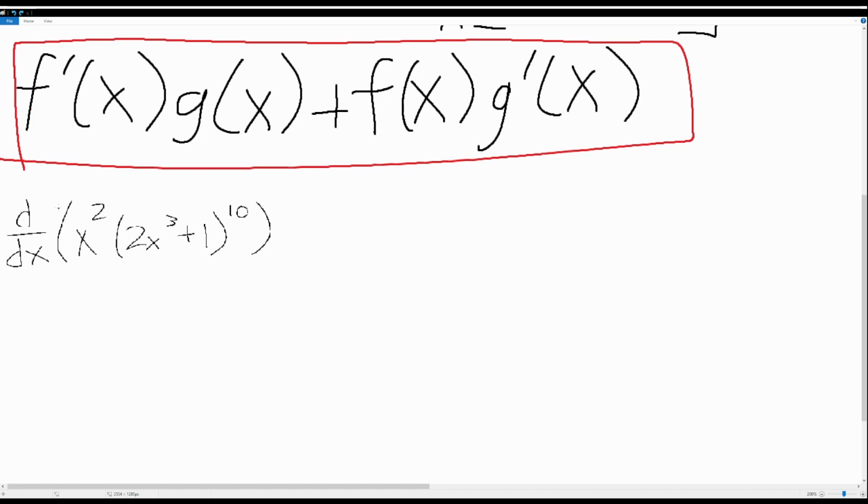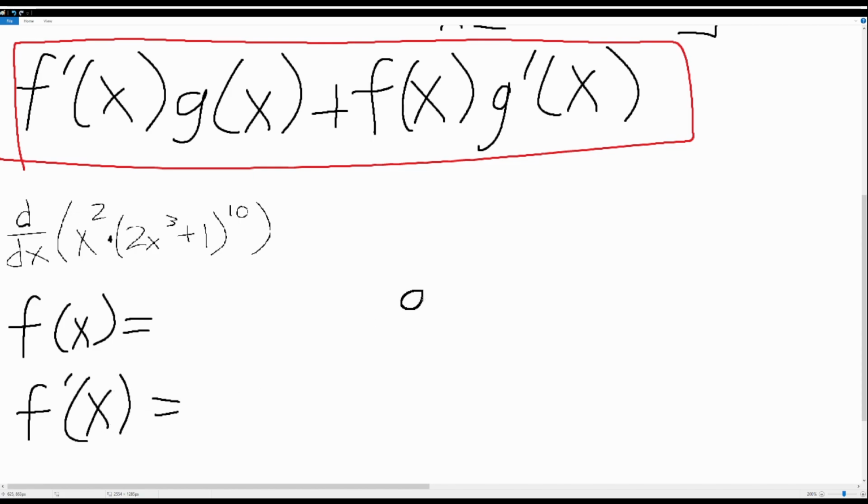Okay, so let's take a look. This is where we're multiplying, because we're multiplying the x squared by this other part right here. The way I was taught it is, let's sort it out and make this look nice and neat, and we'll figure out which is which.